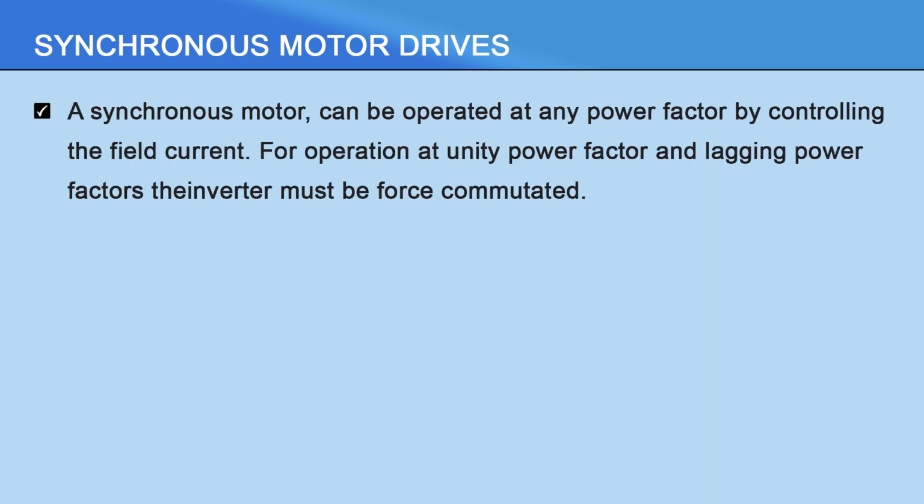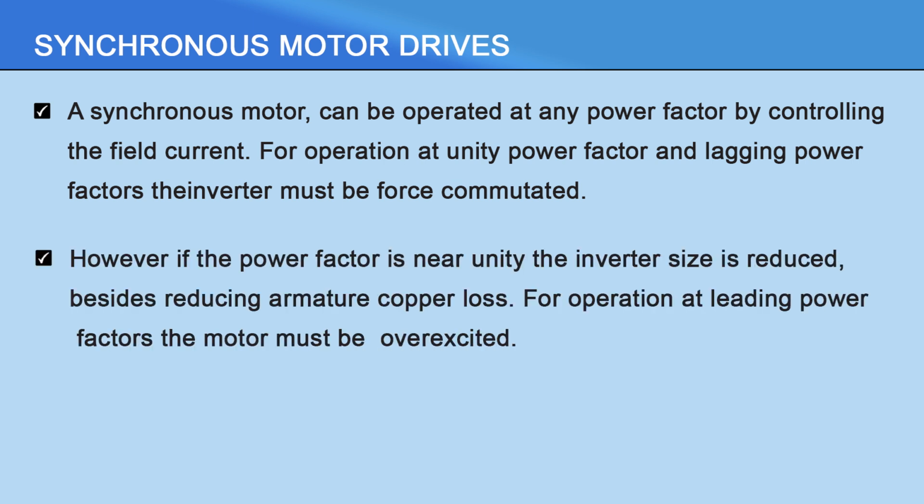A synchronous motor can operate at any power factor by controlling its field current. For operation at unity power factor and lagging power factor, the inverter must be force commutated. However, if the power factor is nearly unity, the inverter size is reduced, besides reducing armature copper loss.